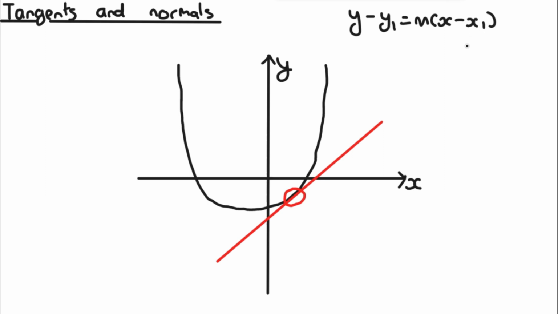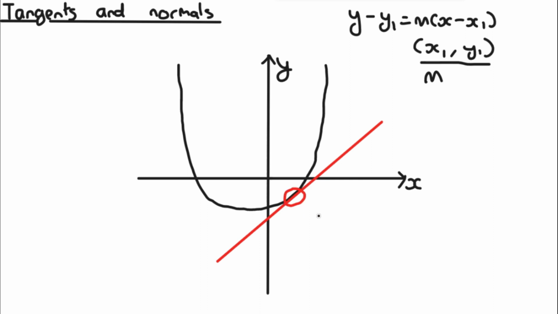So in order to find the equation of a straight line, you need a coordinate, any coordinate on the line, so x1, y1, and then you also need the gradient of the line, so m. If we know the point at which the tangent touches the curve, then we're able to find a coordinate on the tangent, because obviously that point lies on the tangent.